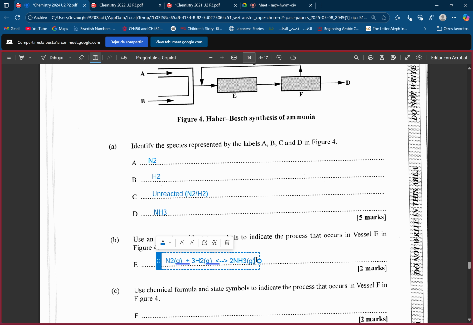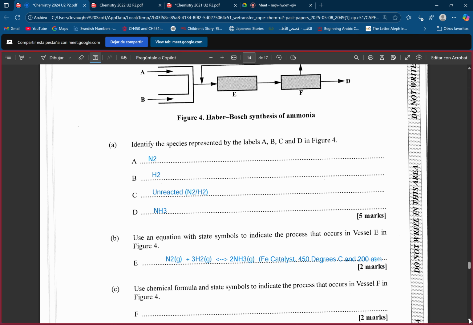Okay, lovely. So I have that there. And this is in the presence of an iron catalyst, right? At 450 degrees Celsius and 200 atmospheres. Okay, lovely. So we should have those responses.